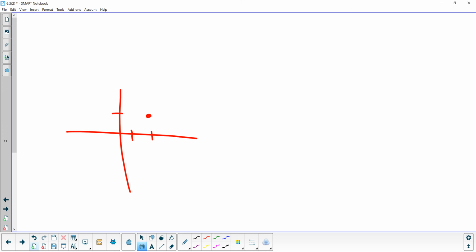So it's going to move. It's going to stretch further away from the x-axis. So if you did a vertical stretch by a factor of 2, it would be up here. So what part of the coordinate just changed? The y. Okay, so the y's are going to change and the x's are going to stay the same.